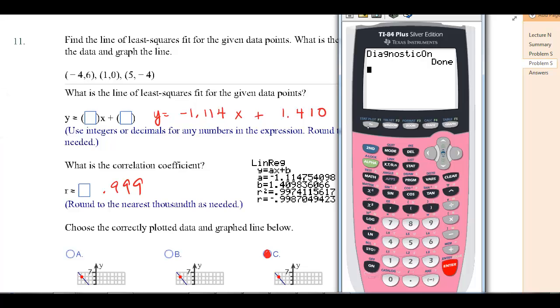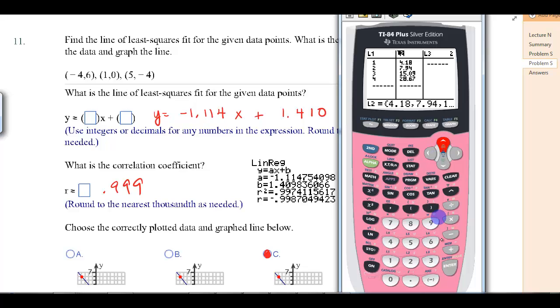All right, next thing we need to do, we need to go to y equals, clear everything that's in there, and we want to jump up where it says plot 1 and hit enter. That's a shortcut to turn on the stat plot. All right, we'll go to stat and enter, and I've got some stuff in mine. You might have stuff in yours, and we're going to clear those columns.